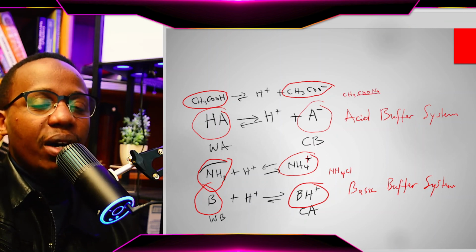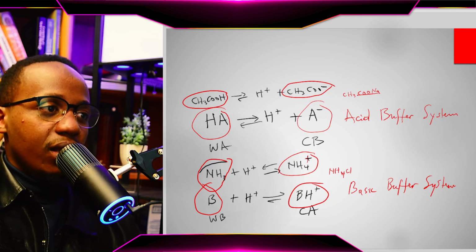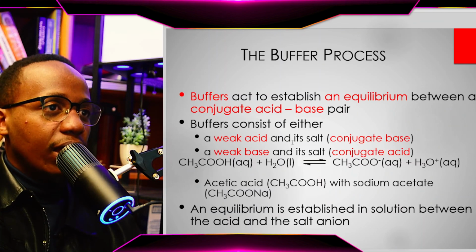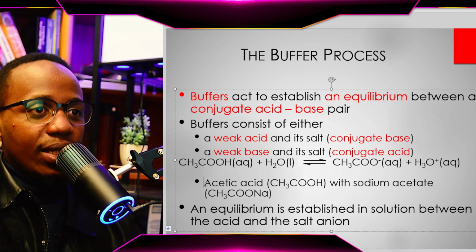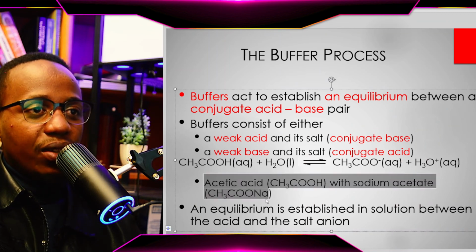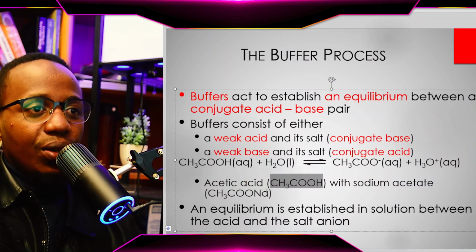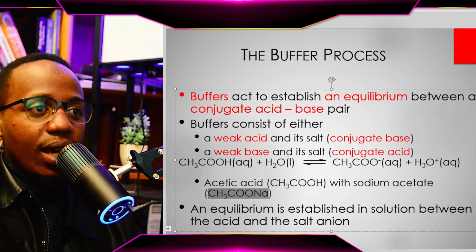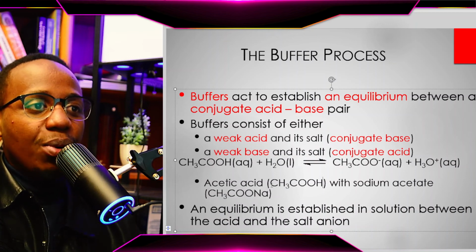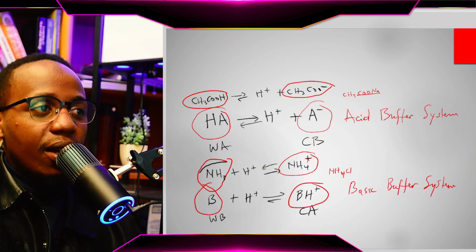It's still a buffer system. So let's see if I have examples here. Yes, I have an example of a buffer system that has acetic acid and sodium acetate. This acetate here has an acetate ion, so this is a buffer system.